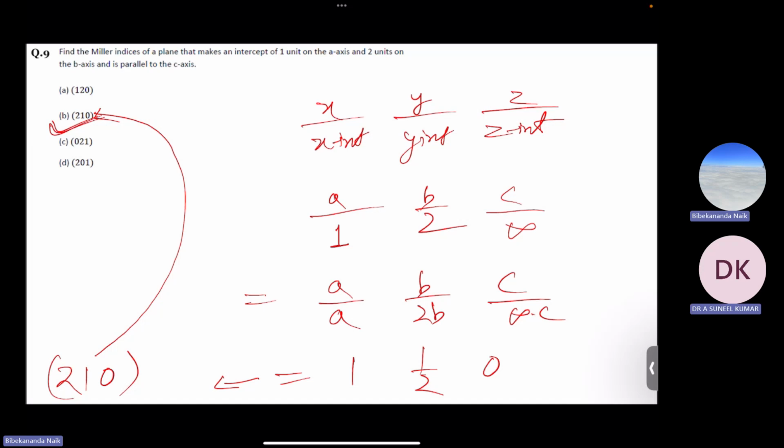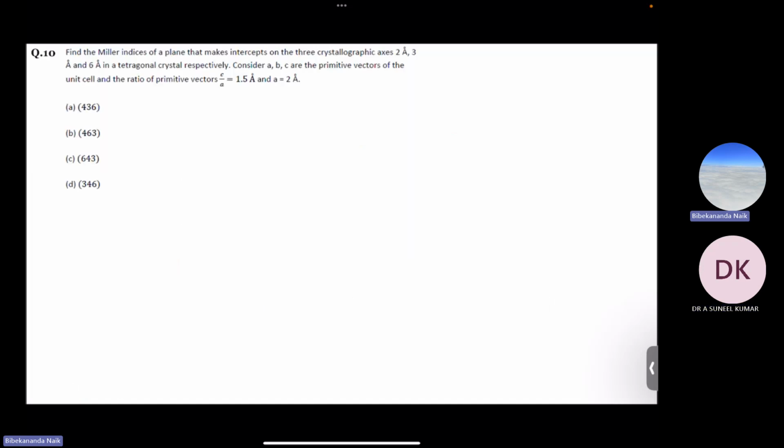Yes, sir. Next question. Okay, so we'll move to question number 10. Question 10 says, find the Miller indices of a plane that makes intercepts on the 3 crystallographic axes which have dimensions 2 angstrom, 3 angstrom, and 6 angstrom in a tetragonal crystal respectively.